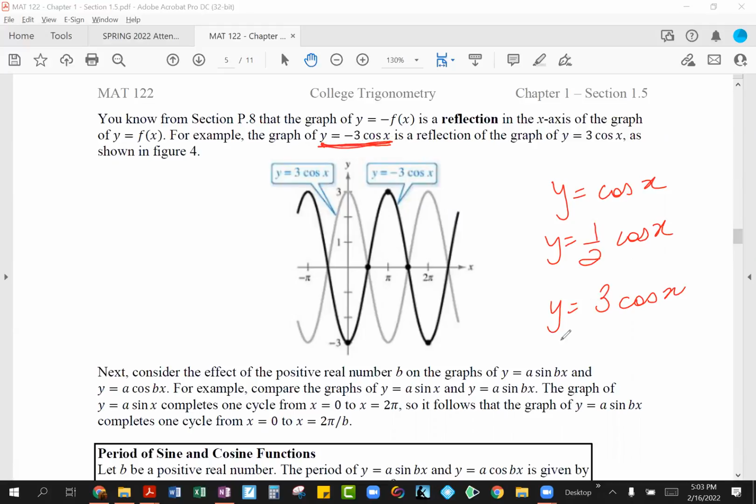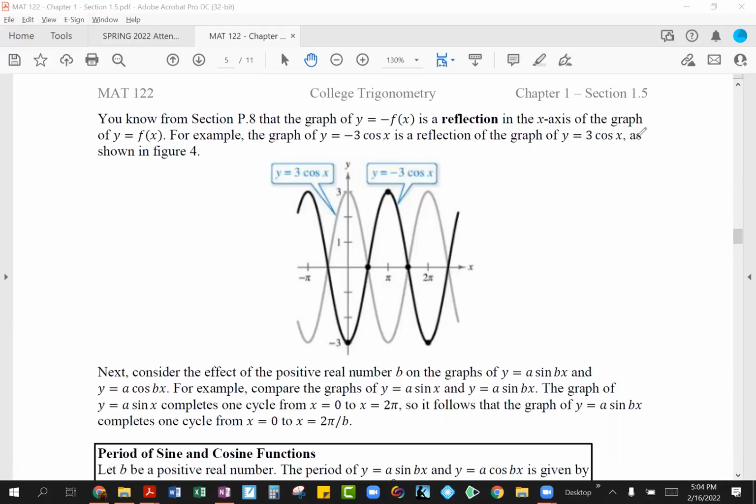When you change that to a -3, these two graphs end up becoming reflections of each other. Just by putting that negative sign in front of that number, you are creating a reflection of y equals 3 times cosine of x. And you can see that in the graph over here.